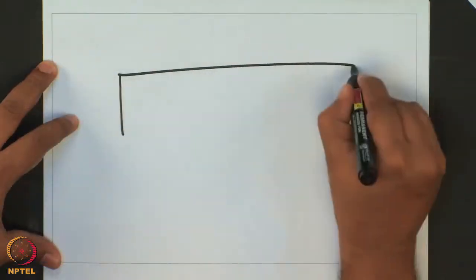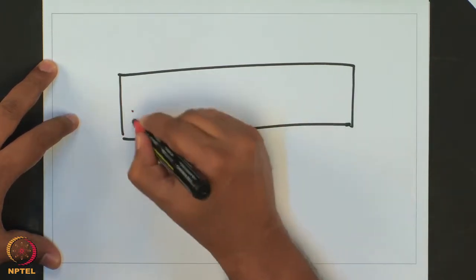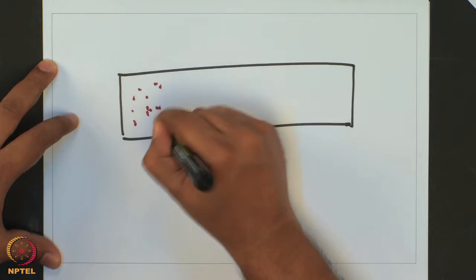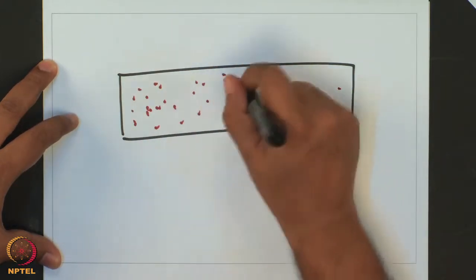So the question that one needs to pause and ask biologically is, imagine that you have a concentration gradient like this, where, as we were discussing, you have high concentration here and low concentration here.